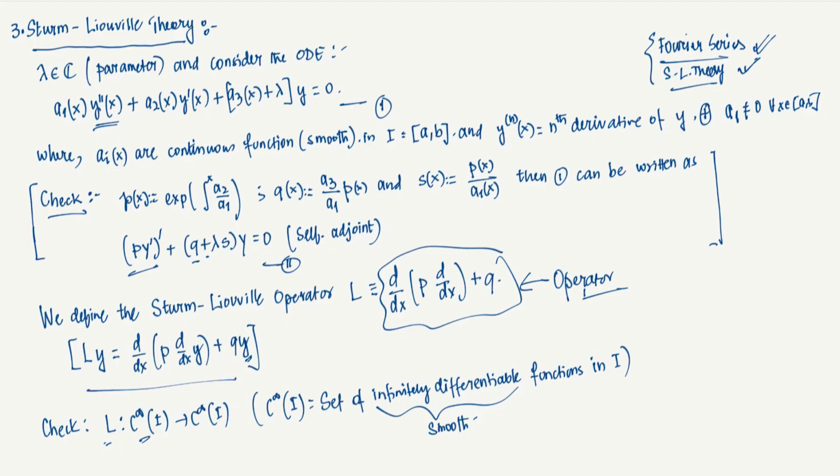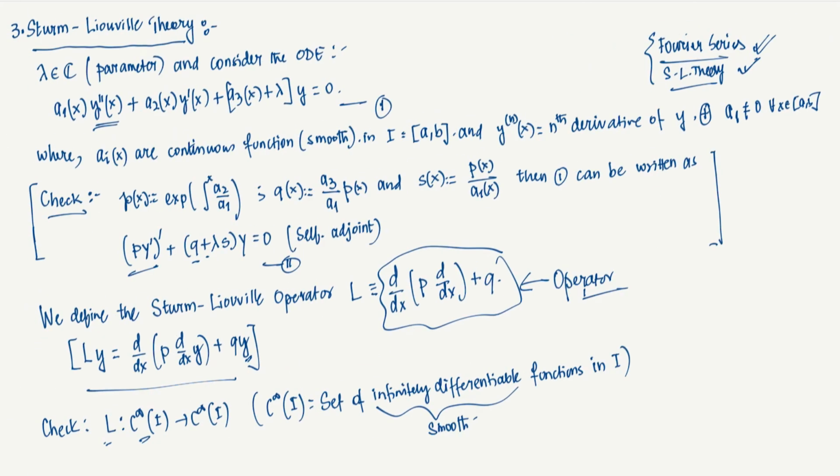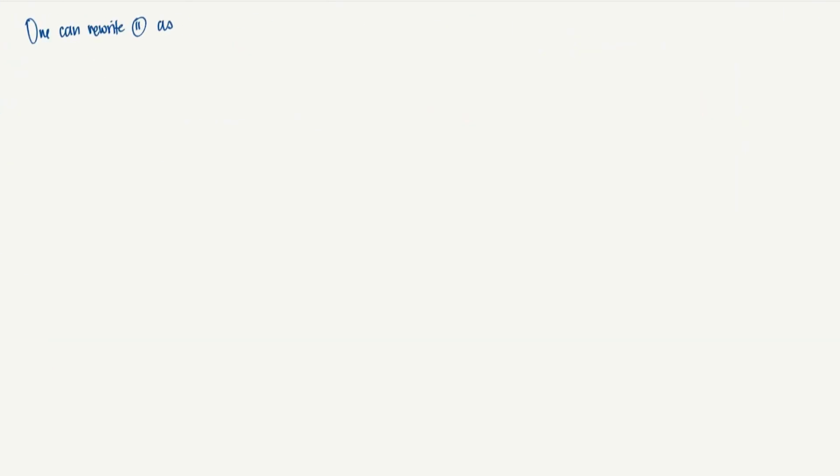Plus the lambda s y part is there, so one can rewrite equation 2 as L of y plus lambda s y equals 0, right? If you put it this way, L of y plus lambda s(x) times y equals 0.